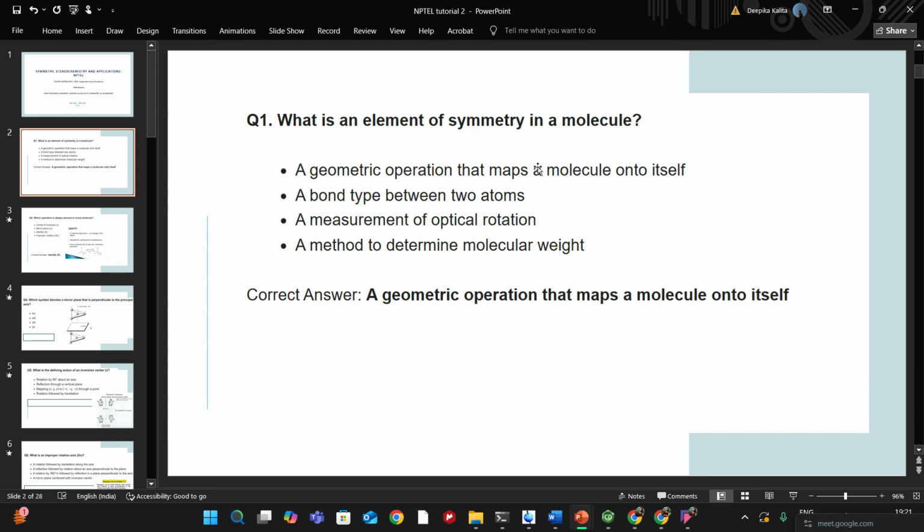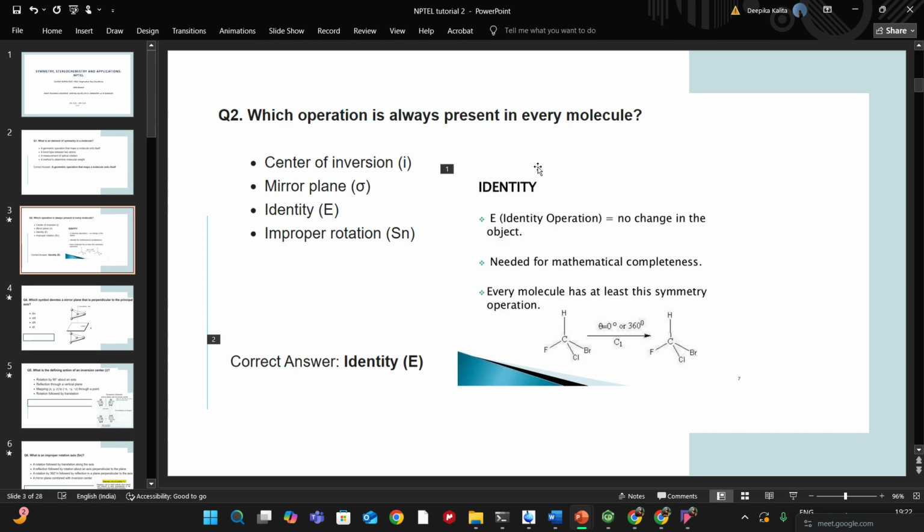So there are various symmetry elements that can be present in a molecule which can convert the molecule onto an identical position of itself. So Professor Roy Chaudhary has talked about various such symmetry elements in his lectures.